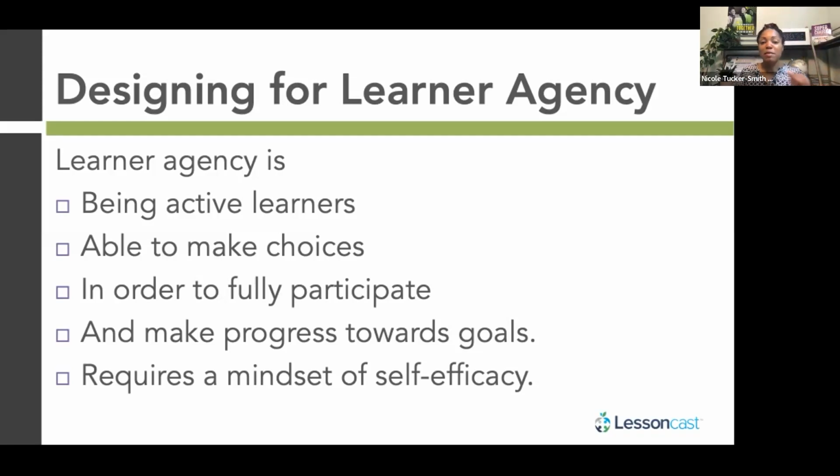Now, cultivating a space for learner agency means that we also need to support learners in developing a mindset of self-efficacy. What I mentioned before, that, oh, if I put in the effort and the time and the work, it can make a difference.